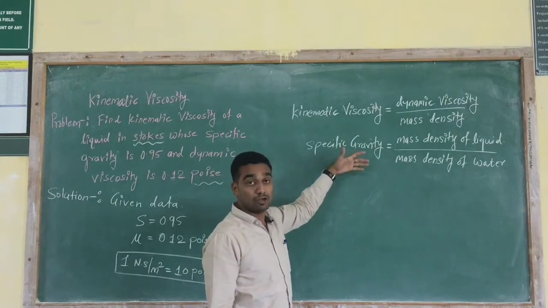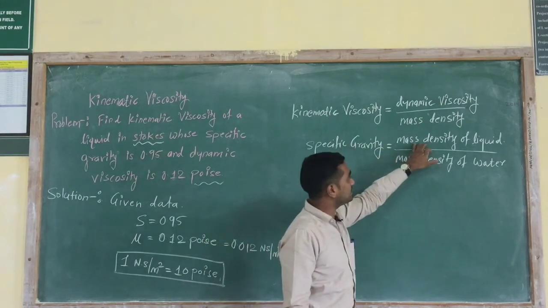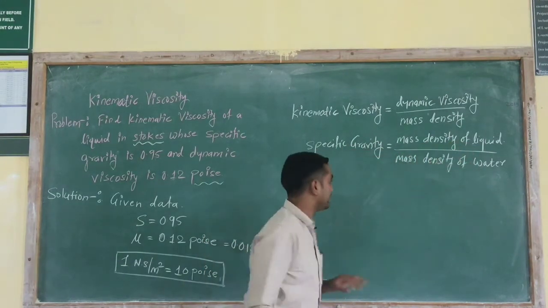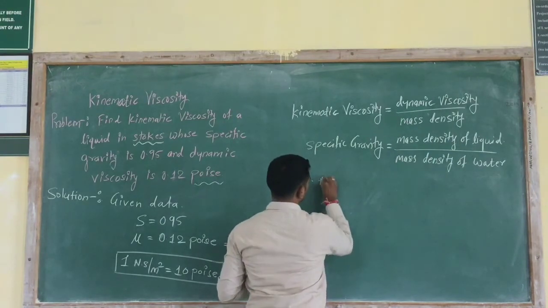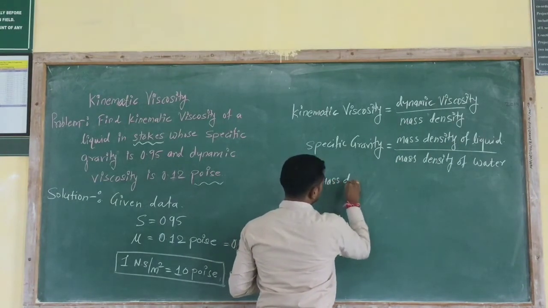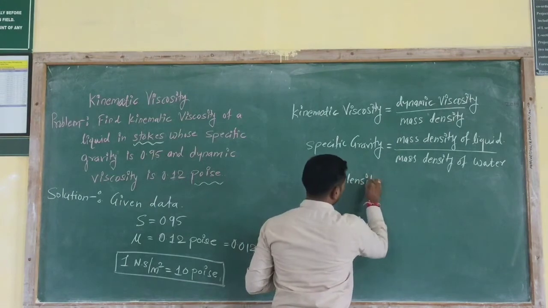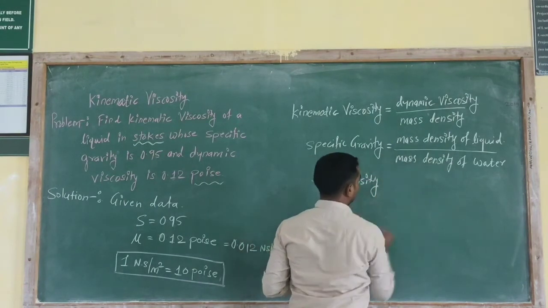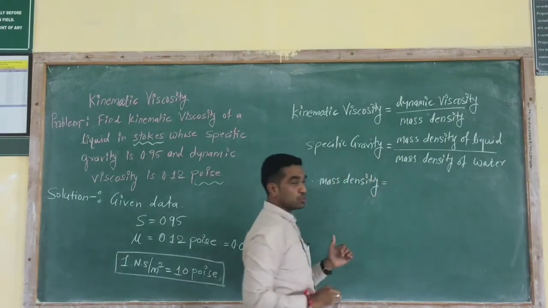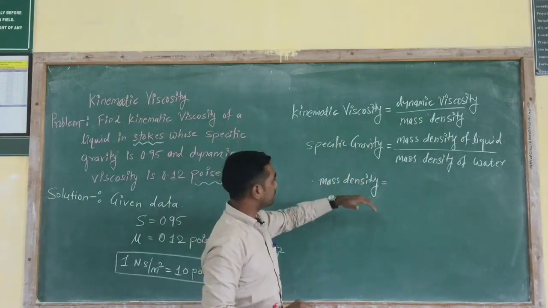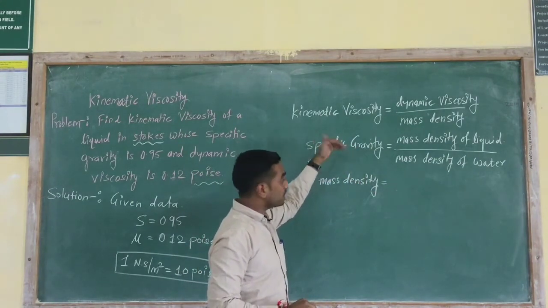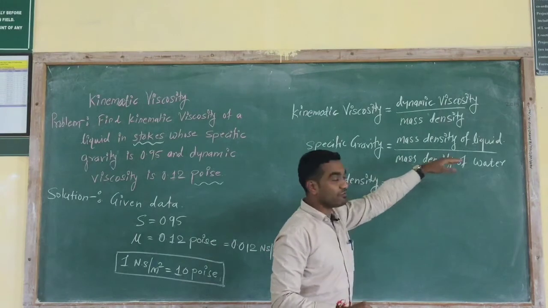Now putting the values, we will get the mass density of liquid. Therefore, mass density of liquid is equal to specific gravity into mass density of water.